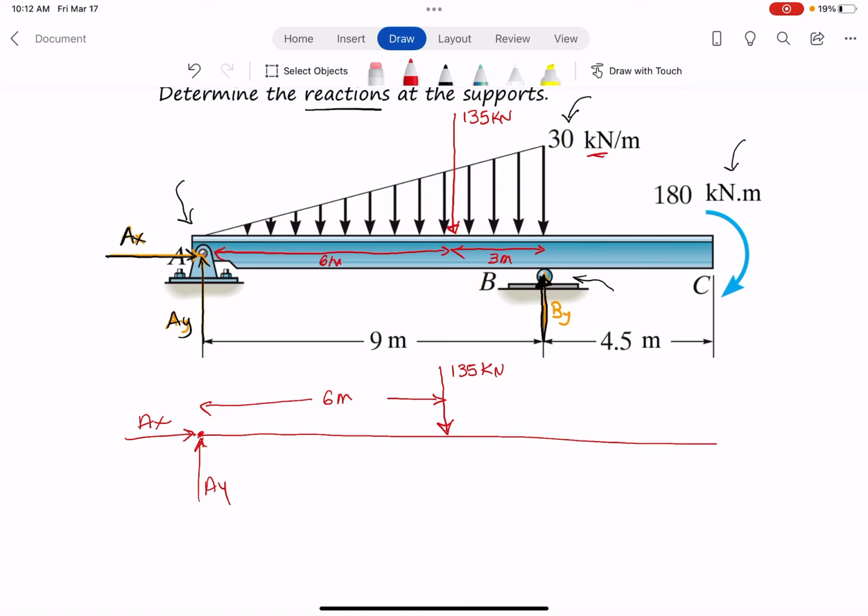And also we have PY, which is unknown also. And we have point C, there's a moment at point C, 180 kilonewton meter, and the distance is 4.5 meters, and from here to here is 9 meters.